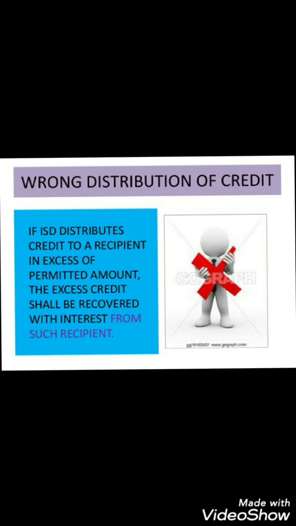The last point comes as recovery of excess tax credit, which is also known as a wrong distribution of credit. So in this case, if any input service distributor has distributed credit to the recipient in excess of the permitted amount, in excess of what should be distributed, now the excess of that amount is to be recovered from that branch with interest from such recipient.